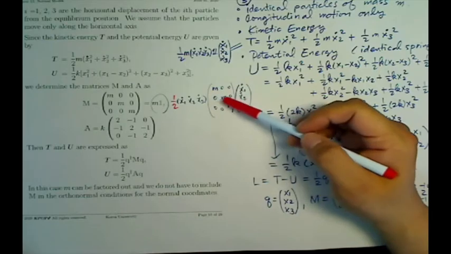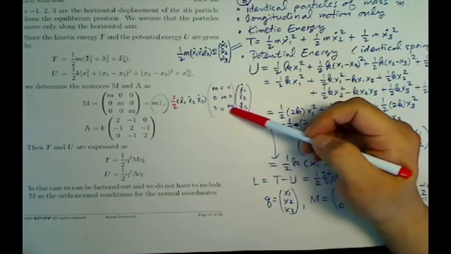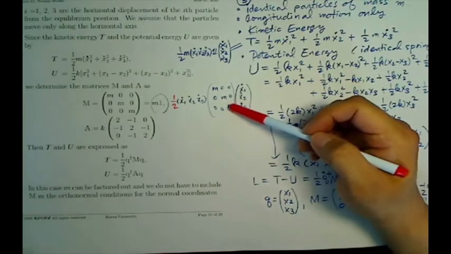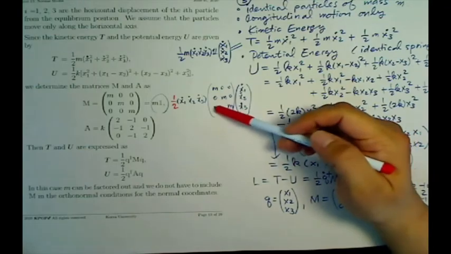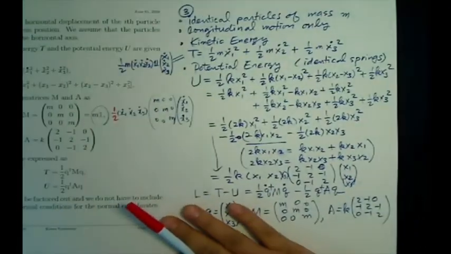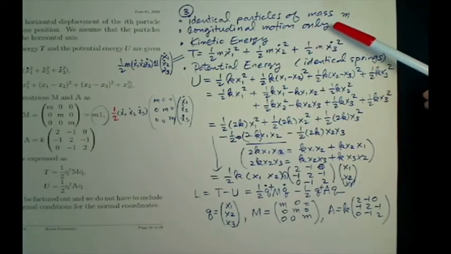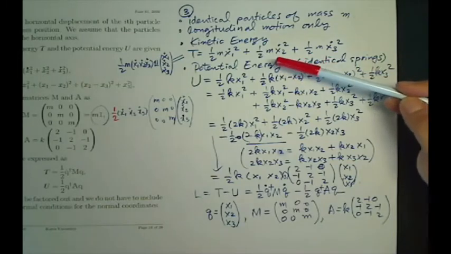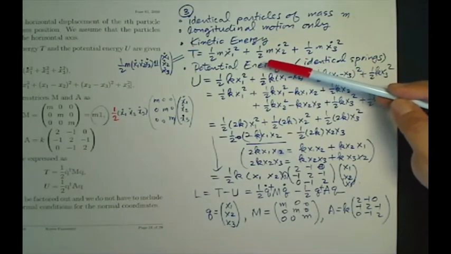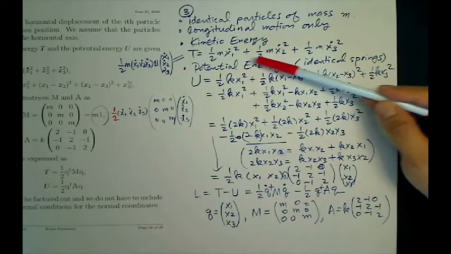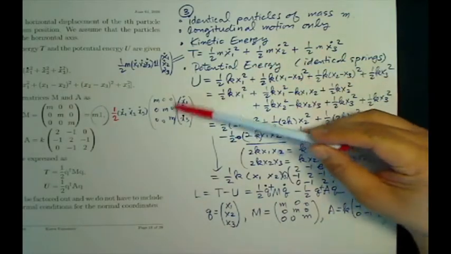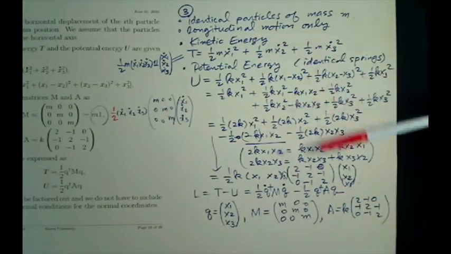Then that mass matrix is very simple. It's proportional to the identity matrix, multiplied by the mass of each particle. In summary, we have identical particles of mass m with identical springs attached between any two particles and the walls. The kinetic energy was a simple sum, and the mass matrix was obtained in a very simple way.